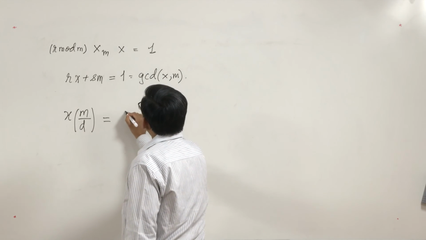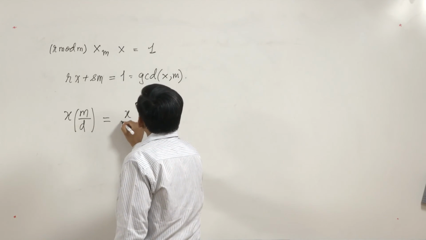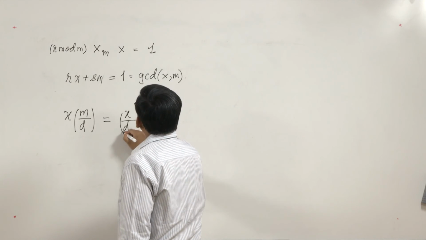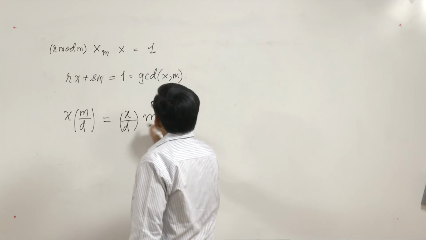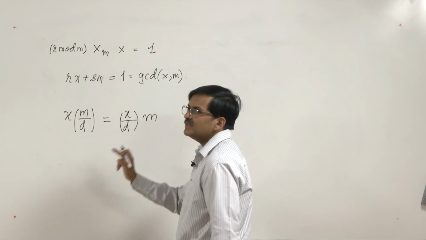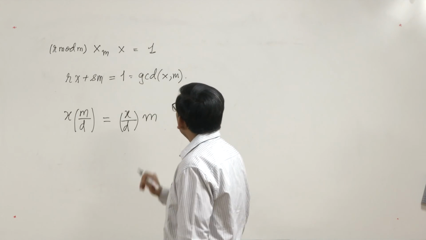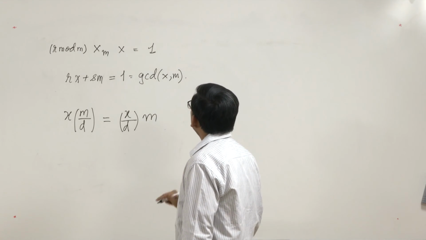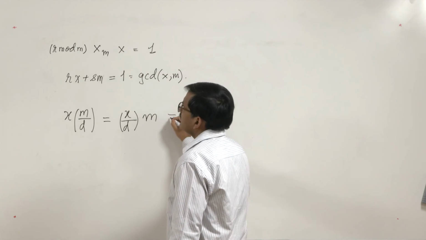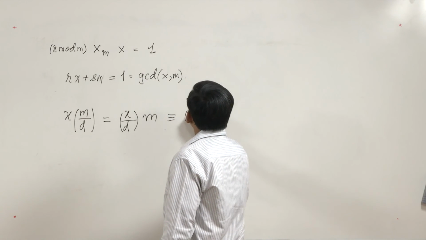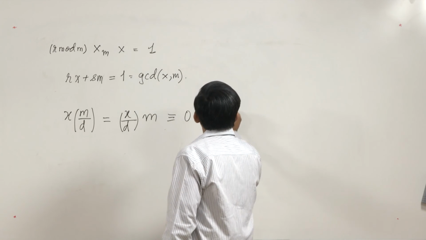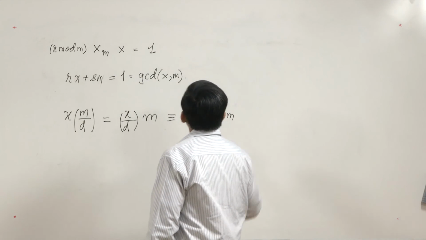This is equal to x by d times m, and I know that this is an integer because d divides x also, because d is the GCD, and this is congruent to 0 mod m.